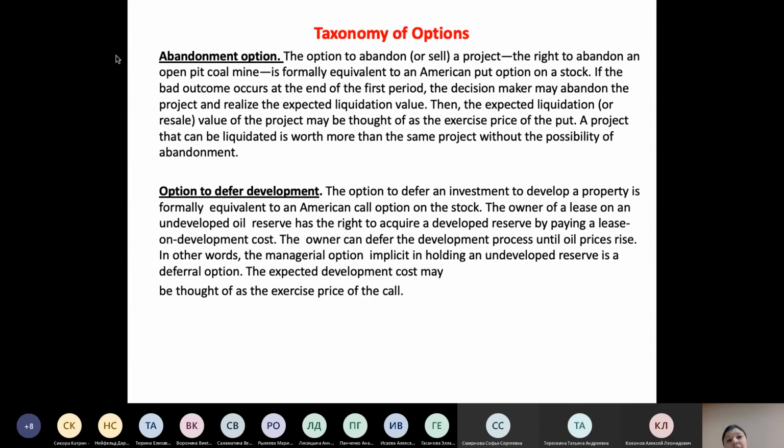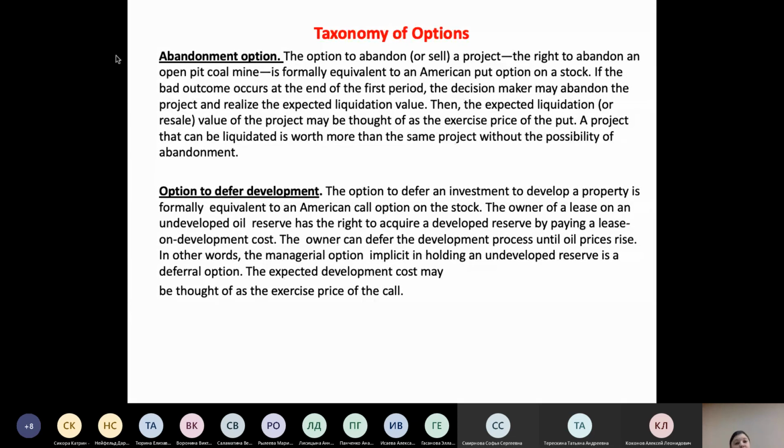In other words, the option to defer an investment to develop a property is formally equivalent to an American call option, and the owner of a lease on an undeveloped oil reserve has the right to acquire a developed reserve by paying the development cost.